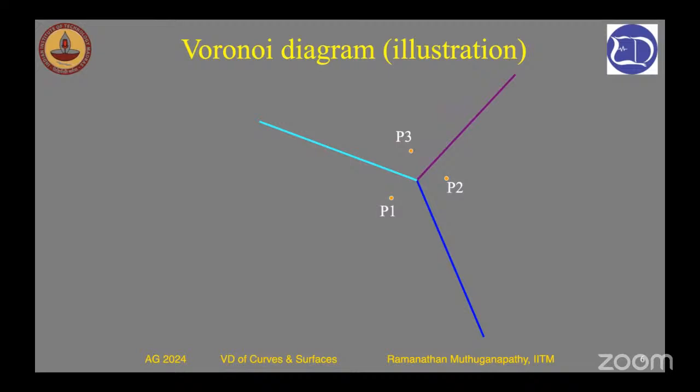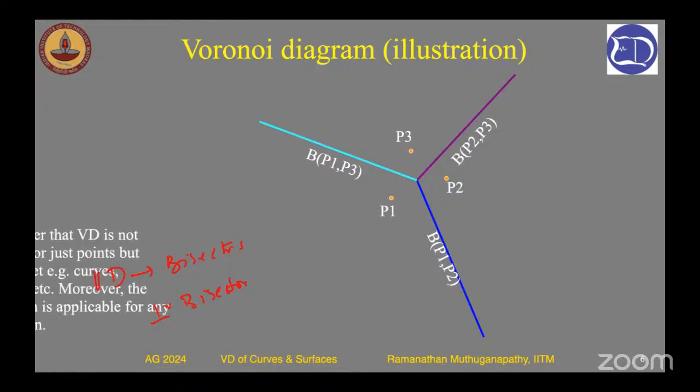So you can observe that the Voronoi diagram basically comes from the bisectors. In this case, for points, it is the perpendicular bisector that plays a role. As we go on, it is going to get more complicated. So we can see that the bisector of P1 and P3 becomes a Voronoi edge, and P1 and P2, and P2 and P3 come into the picture.